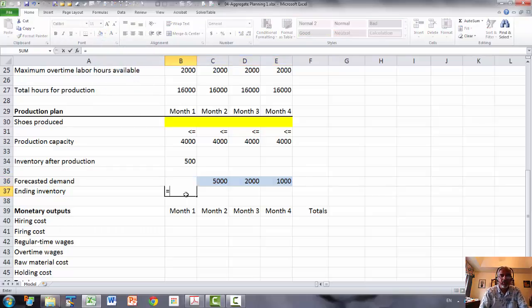If we take the inventory available after production and subtract the number of shoes that will be shipped out, that will give us the ending inventory. For the next time period, inventory after production will be the ending inventory from the previous time period plus how many shoes we produce in that month.